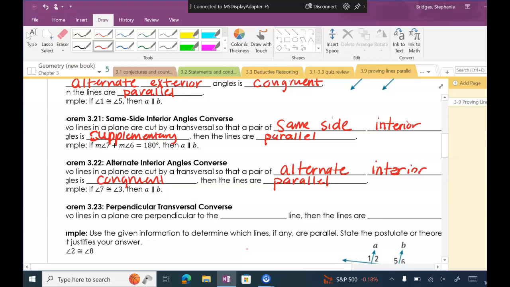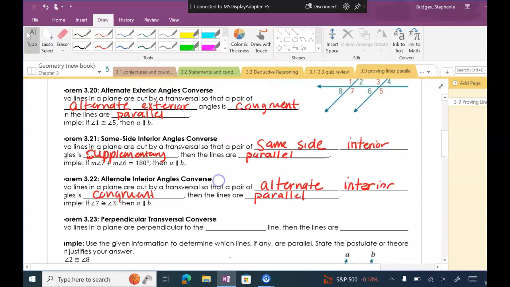So again, referring back to that picture, if 2 is congruent to 6 or 7 is congruent to 3, those are alternate interior angles, then my lines A and B would be parallel.